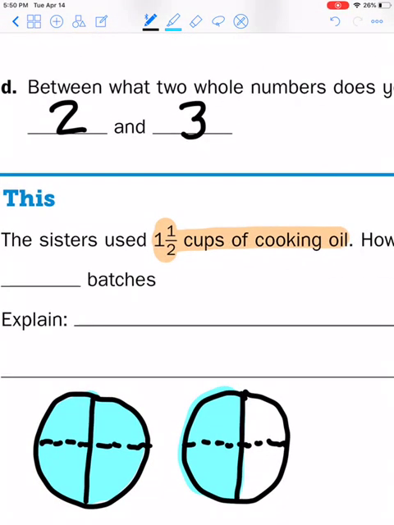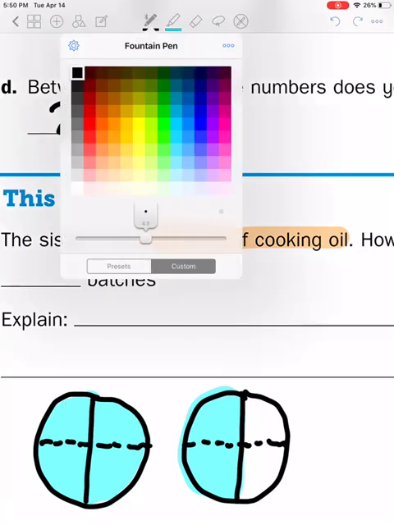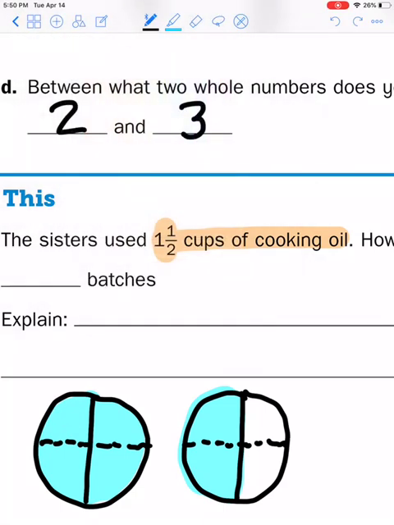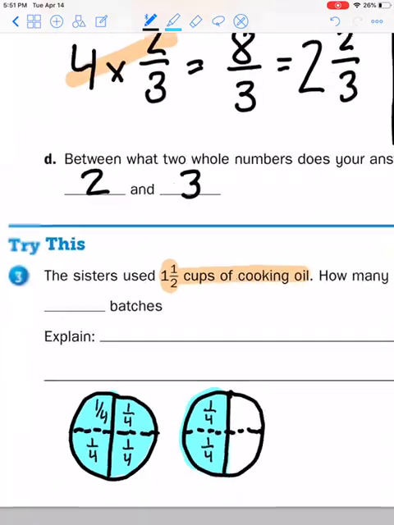And I can zoom in even bigger. So 1/4. Let me make my pen a little smaller so it doesn't get too squished. Now, every 1/4 represents 1 batch of muffins.